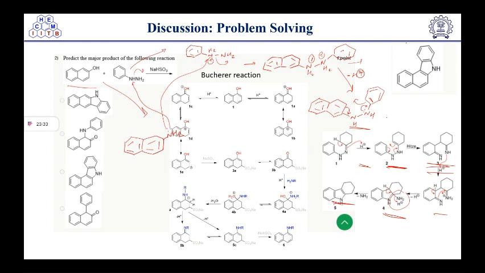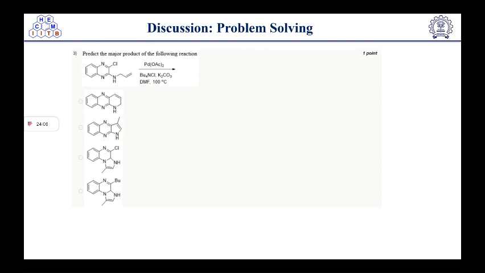So again the formation of a 5-member ring will take place and we'll get this as a product. So this is the correct answer, option number 3. The next question is predict the major product of the following reaction.